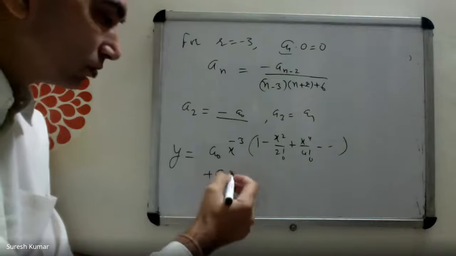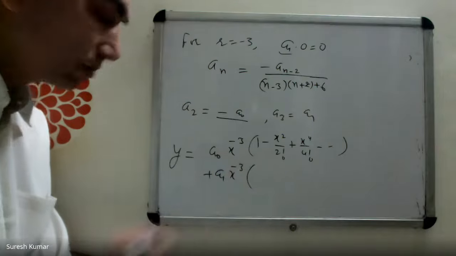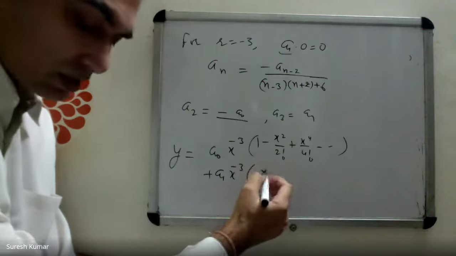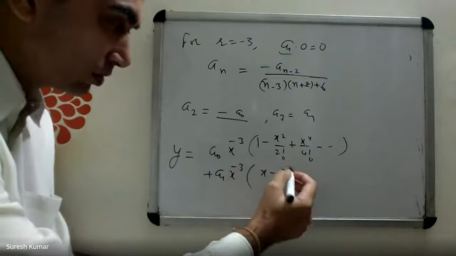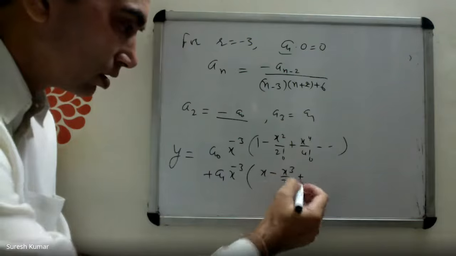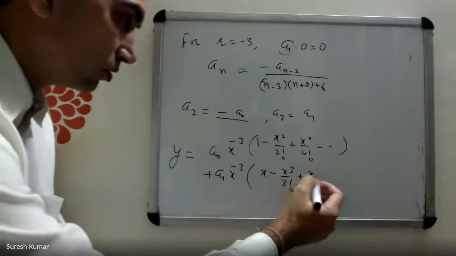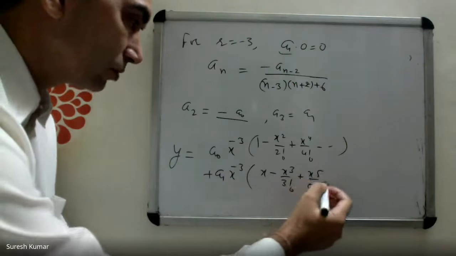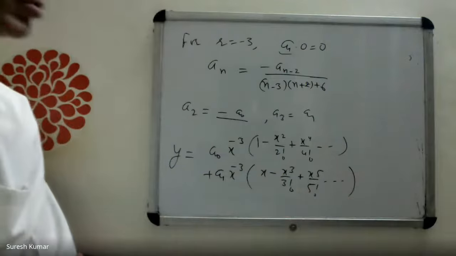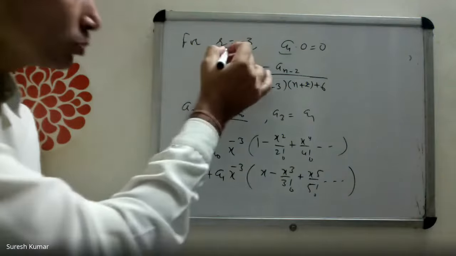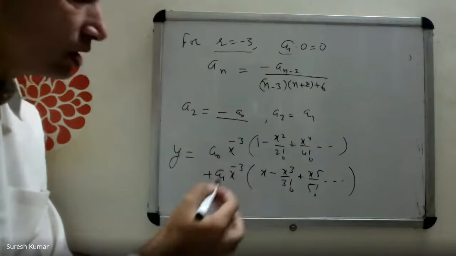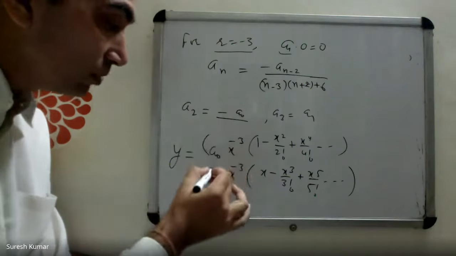A1 into x power minus 3 times x minus x cube over 3 factorial plus x power 5 over 5 factorial and so on. Now corresponding to r equal to minus 3 itself, you have two independent solutions.